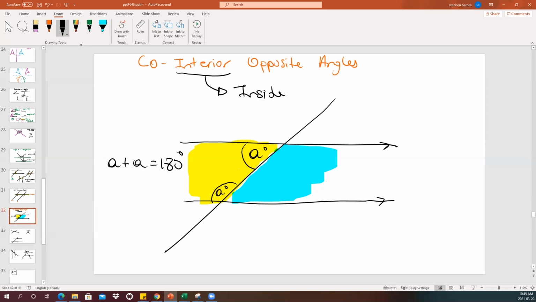And another one, I'm going to call that B. B over here, this is also inside, right, of the two parallel lines cut by the transversal. So B and B, if you add them, you're going to equal 180 degrees. That makes sense to you?